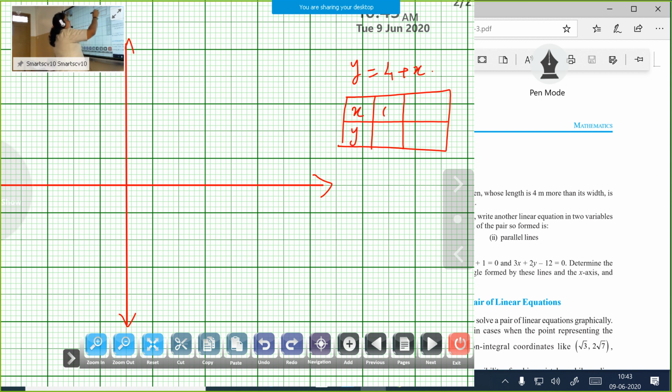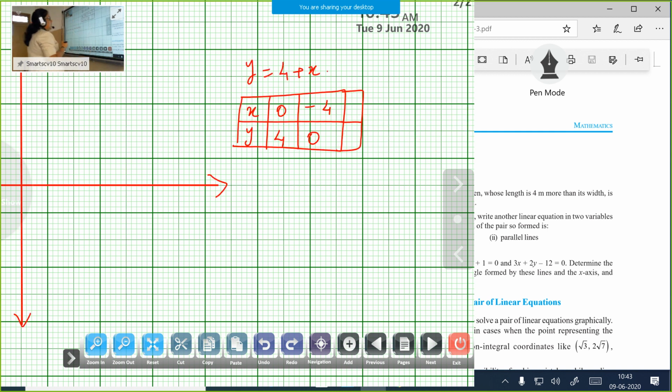Put x equal to 0, then y equal to 4. Put x equal to minus 4, then y equal to 0. Then we take one more point: put x equal to 2, then y equal to 6.